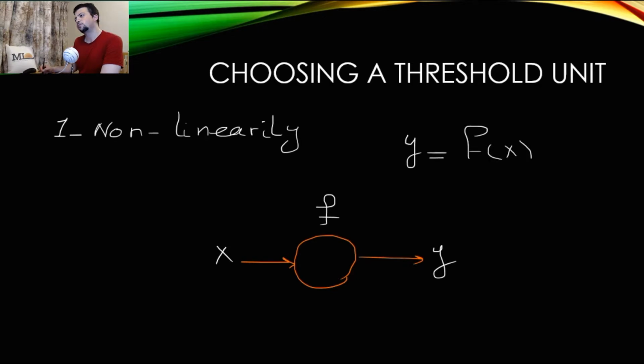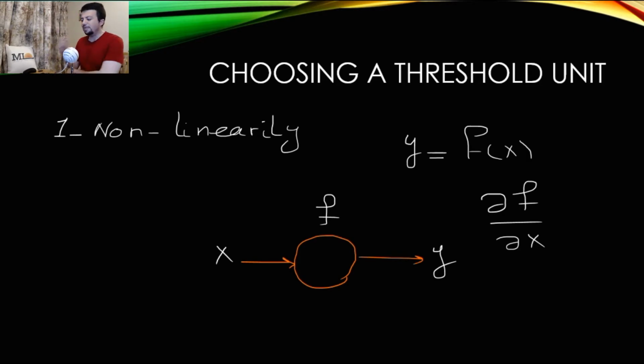In order for gradient descent to work, in order for you to be able to develop learning rules for all of the parameters in your network, which could be millions of them, this f has to be differentiable with respect to its input, meaning that the partial derivative of f with respect to its input, which is x, has to exist. In other words, f has to be differentiable, which means that it has to be continuous as well.